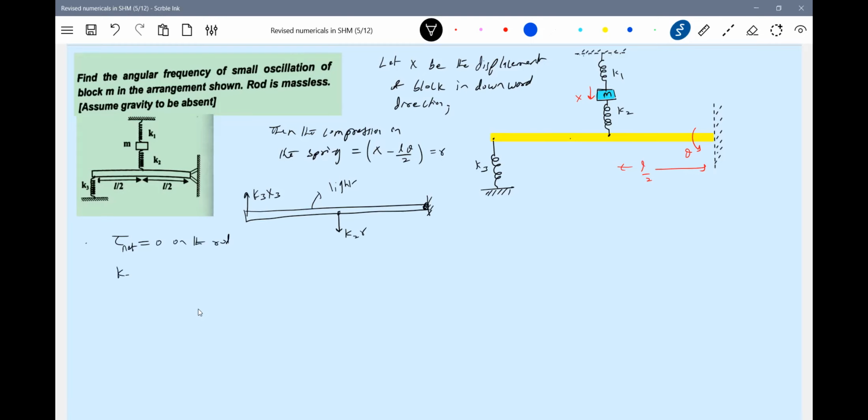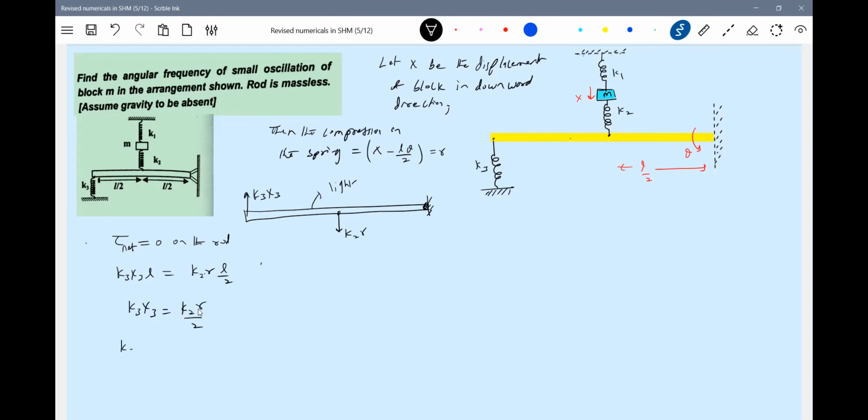So K3 X3 into L is equal to K2R into L by 2. So K3 X3 is equal to K2R by 2. What is R? R is X minus L theta by 2.